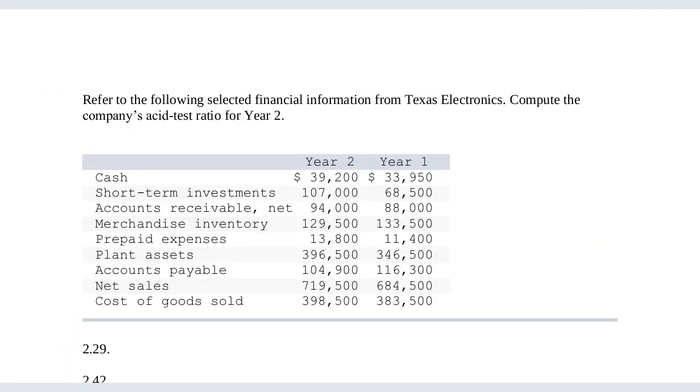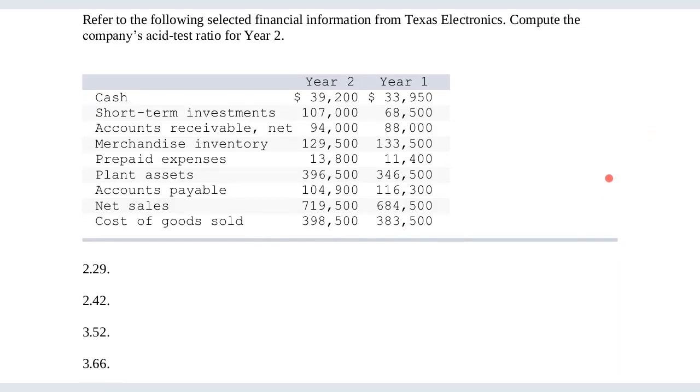And then this is a refresher, okay, of the acid test ratio.